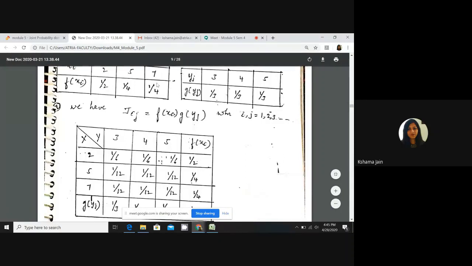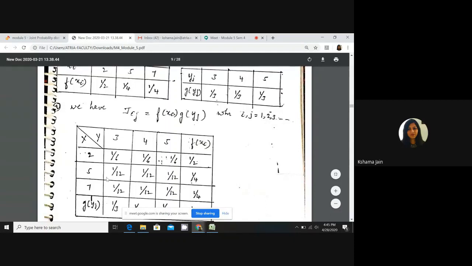Try to understand it. 1 by 2 into 1 by 3 is 1 by 6. That's the value of 2 and 3 together. For 2, 4: 1 by 2 into 1 by 3 is again 1 by 6. For 2 with 5: 1 by 2 into 1 by 3 is 1 by 6, like this.